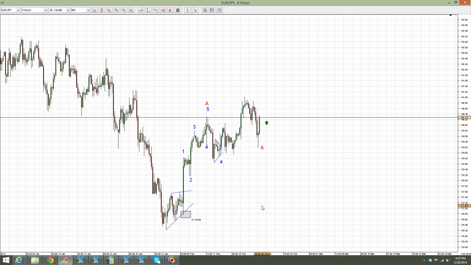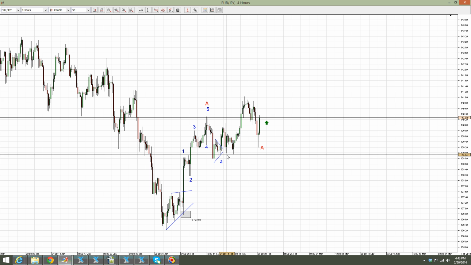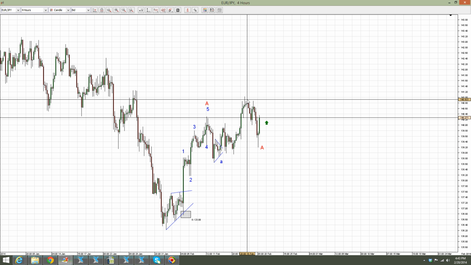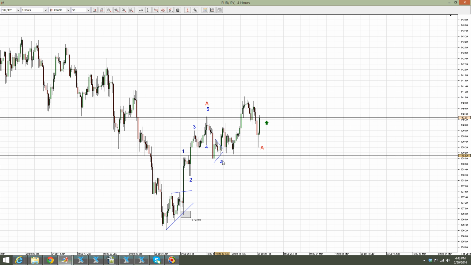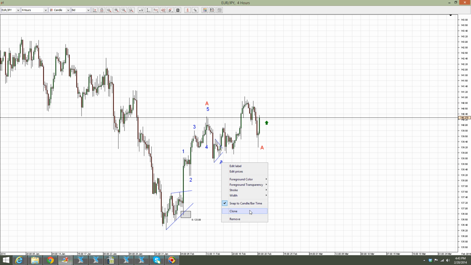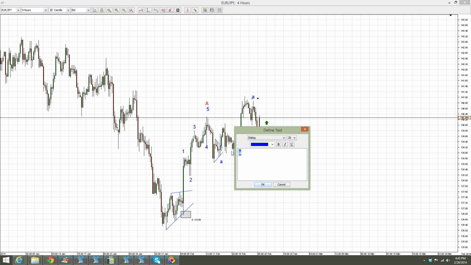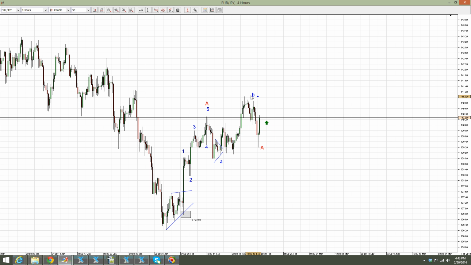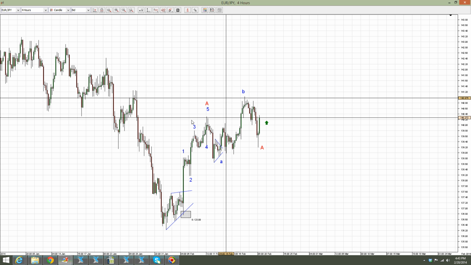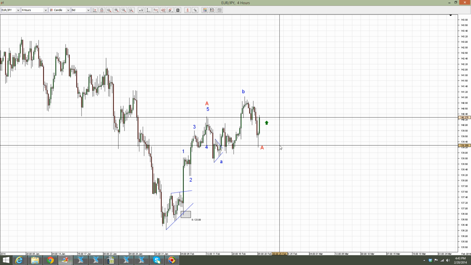Like here. And from that moment of time, this is the end of wave A, and from this moment of time we're looking for A, B, C to the upside. So this is the B wave to the upside of the same degree. That being the case, as you can see, the B wave there to the upside retraces more than 138.2.